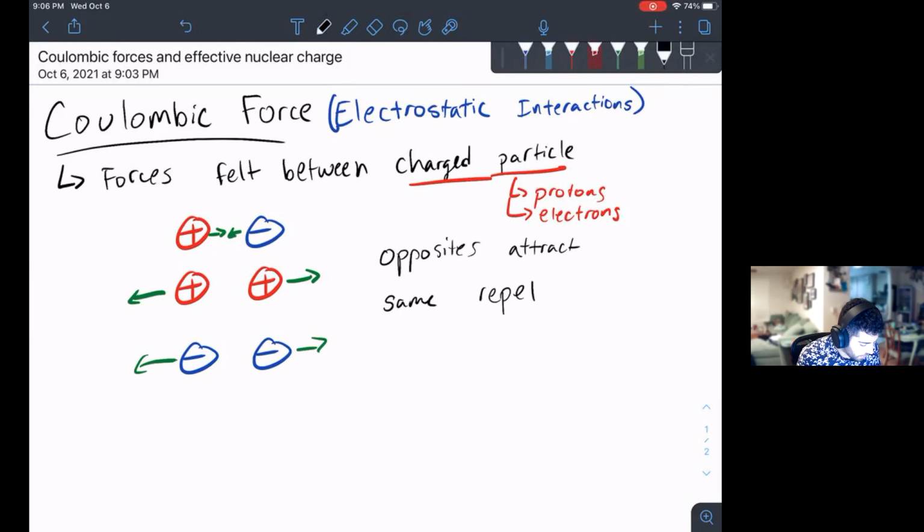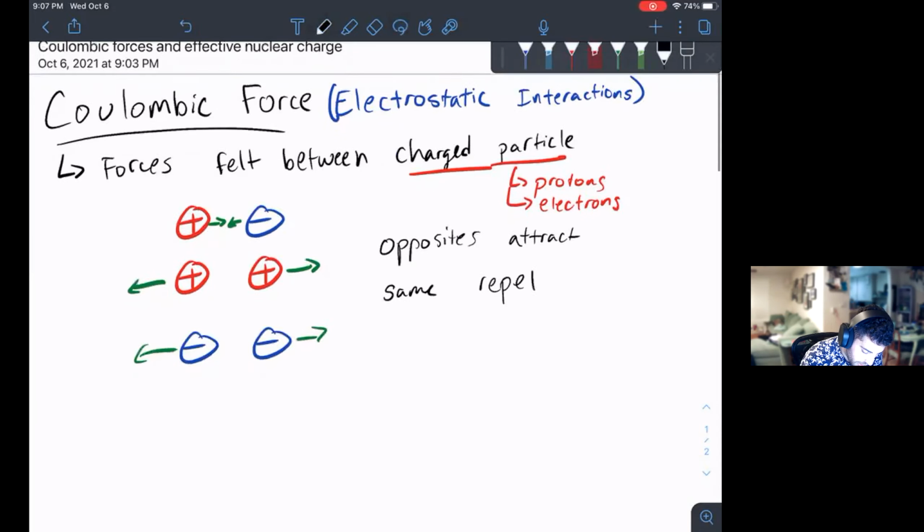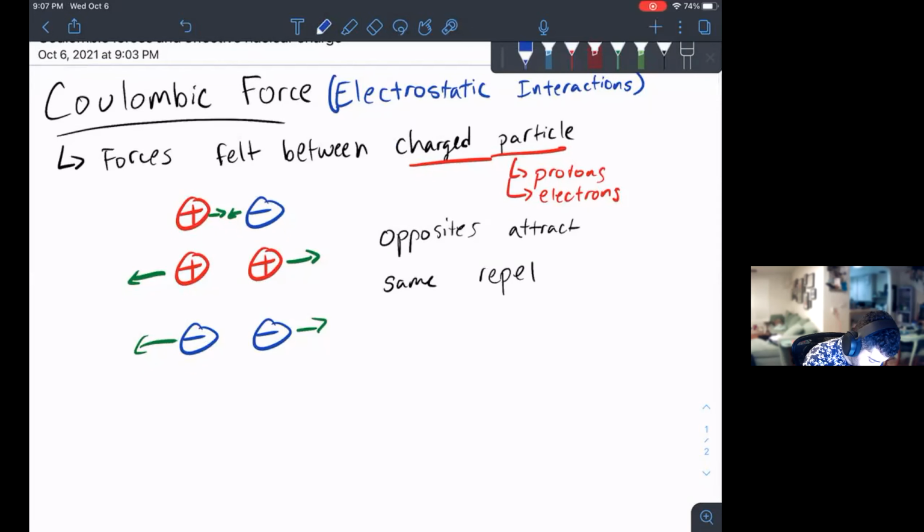And while we may have opposites attract and the same repel, the overall force that they'll feel, whether that force is pulling them together or pushing them apart, is judged by an equation known as Coulomb's law.